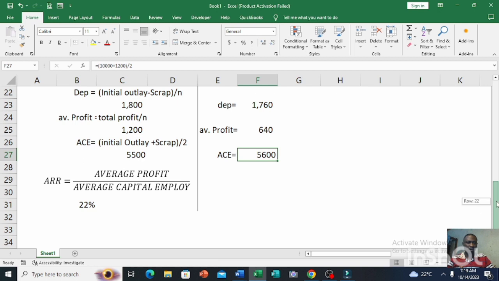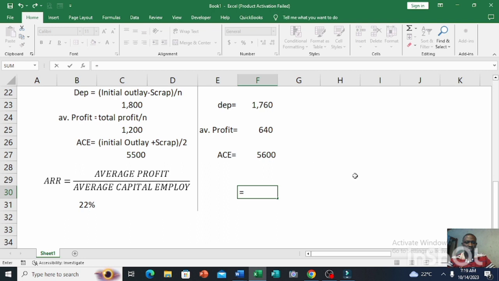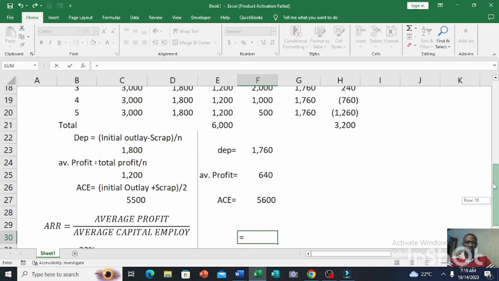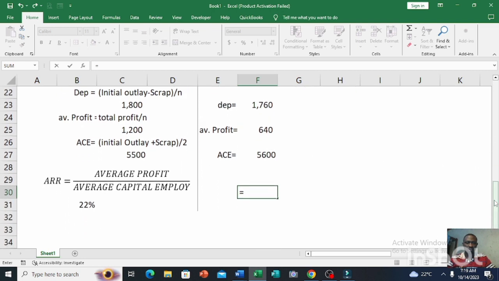So now we are at the point where we have to calculate our accounting rate of return. So average profit. What's the average profit? 640 divided by 5,600.